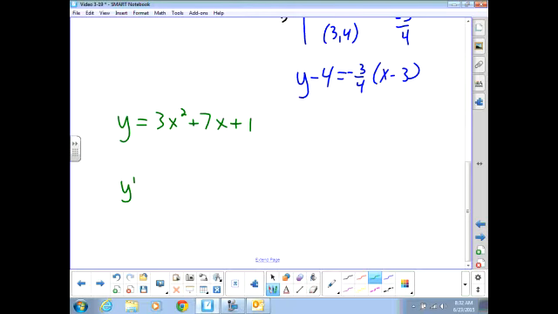Really what we're doing is we're saying the derivative of y is 1, and then we have to multiply by a y prime because we took the derivative with respect to x. So really, we've already been doing this the whole time. It's just kind of been hidden. So this then just becomes y prime equals 6x plus 7. So you've really been doing implicit differentiation the whole time. Just the derivative of y would be 1 times the y prime, so we just see it as the y prime.